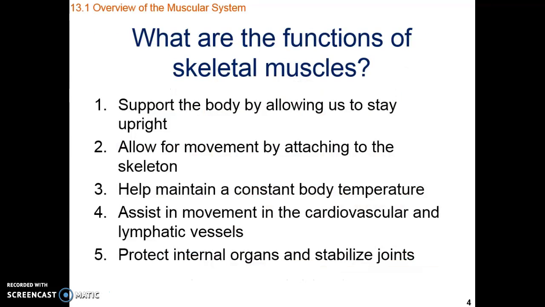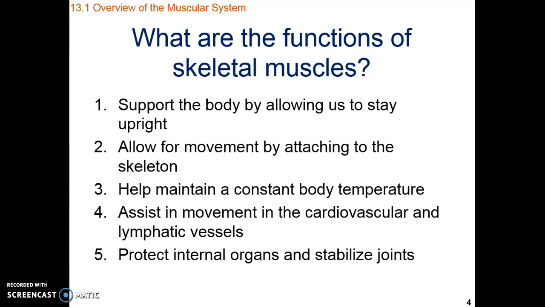Alright, so 5 functions of the muscles. Support the body by allowing us to stay upright, allow for movement by attaching to the skeleton, help maintain a constant body temperature, assist in movement within the cardiovascular system and the lymphatic vessels, also really to allow for all movement.